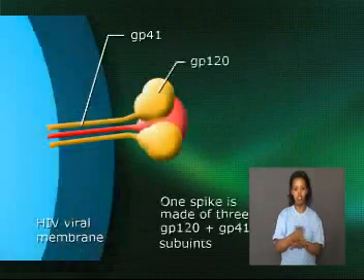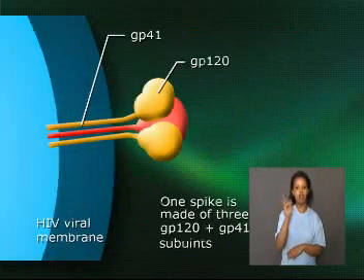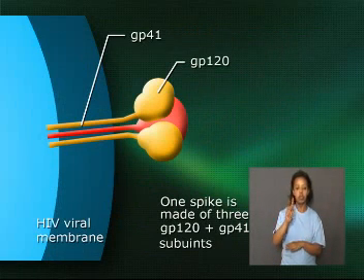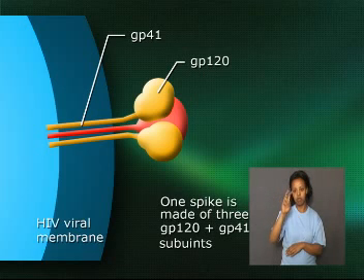As we know, GP120 contains 3 glycoproteins, and once GP120 attaches itself to CD4 receptors, these 3 proteins spread apart.